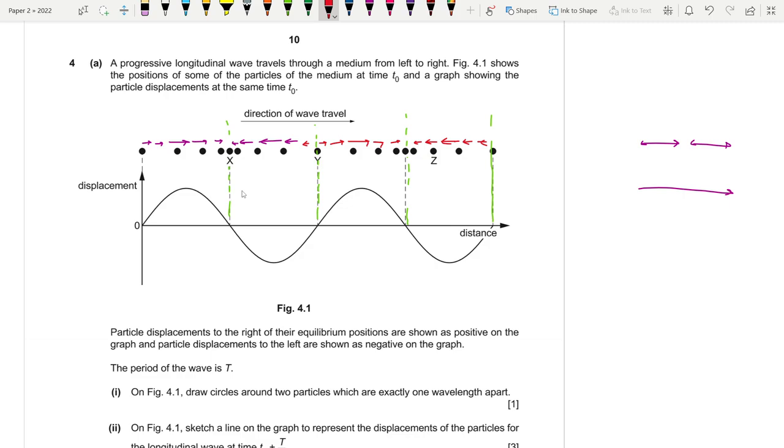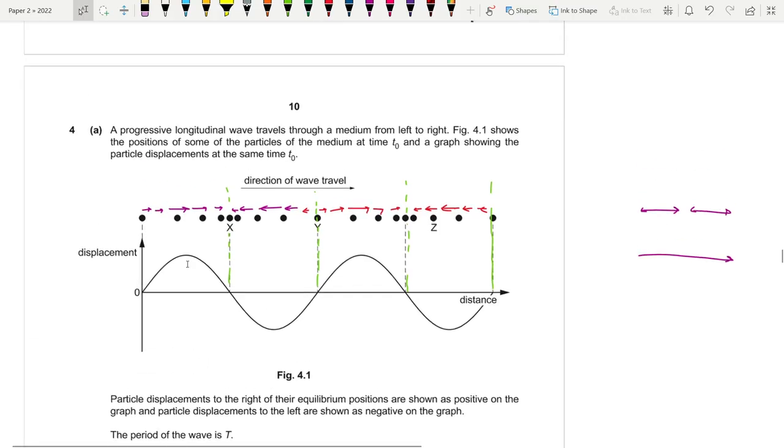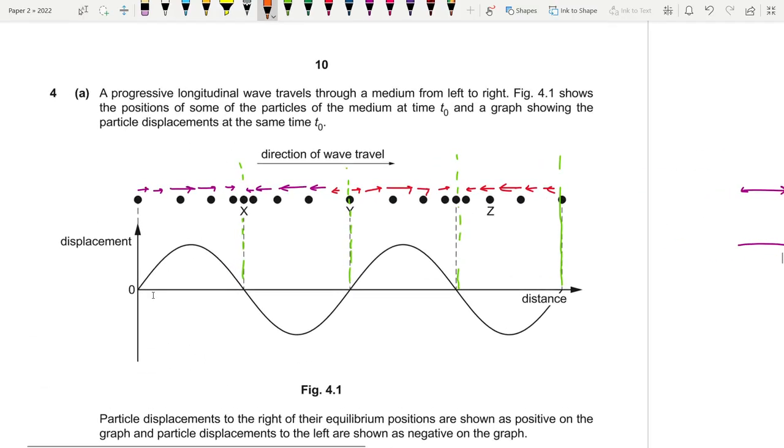Now on figure 4.1, draw circles around two particles which are exactly one wavelength apart. Okay, so let's see which ones. Basically you can do it like this. This particle is in phase with this one over here. So how many particles are in between? 1, 2, 3, 4, 5, 6, 7.